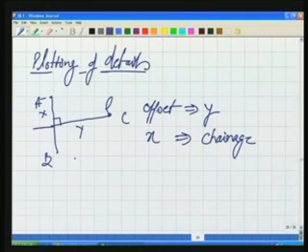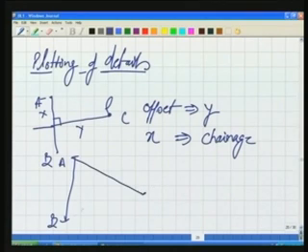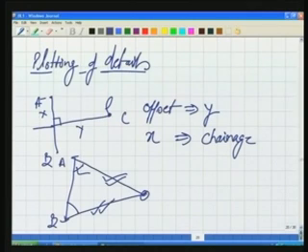The other way around, from the same points A and B, we can plot a third point in many ways. We can measure both the angles, and this point will be fixed. We can measure one angle and one length, and this point will be fixed. We can measure both the lengths, this length as well as this length, and this point will be fixed.